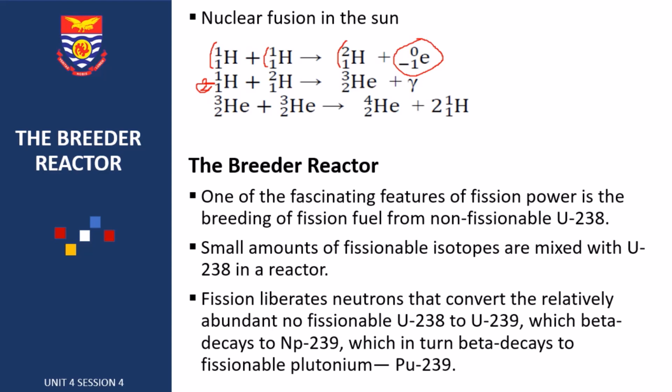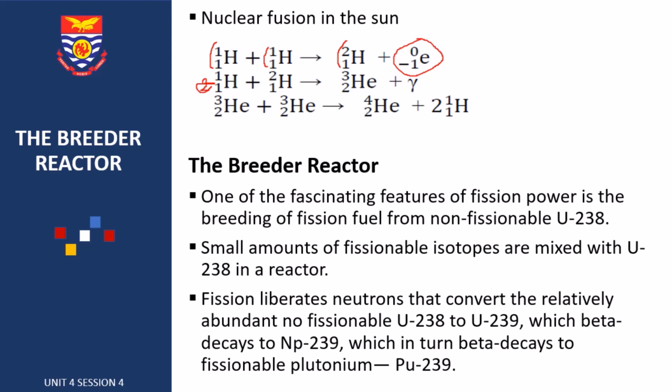Let's look at the breeder reactor. Breeder reactors are basically used to breed fission fuel. One fascinating feature of fission power is the breeding of fission fuel from non-fissionable uranium-238. A small amount of fissionable isotope is mixed with uranium-238 in the reactor.